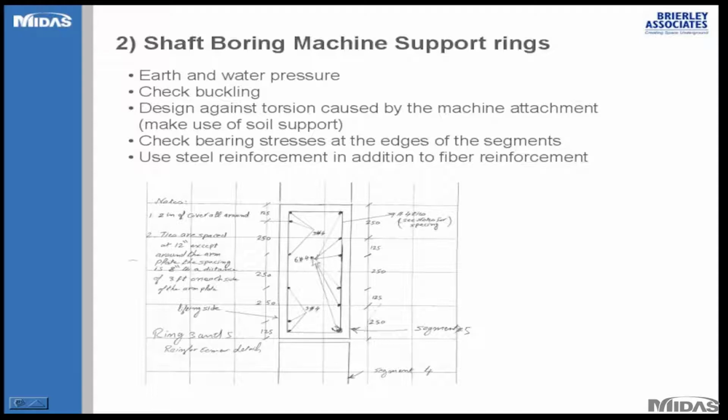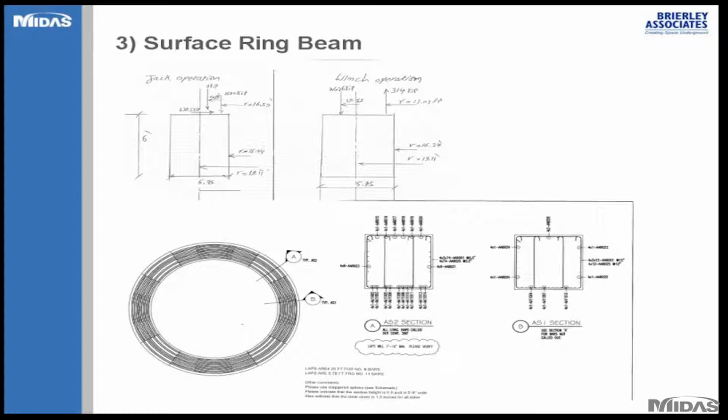You have 6 number 4 longitudinal bars going across the perimeter of the segments to resist the torsion, and in addition number 4 ties, spaced 8 to 12 inches depending on the location of these ties.